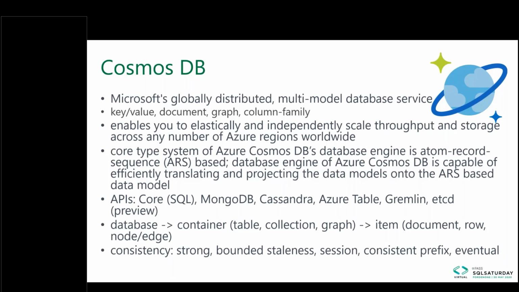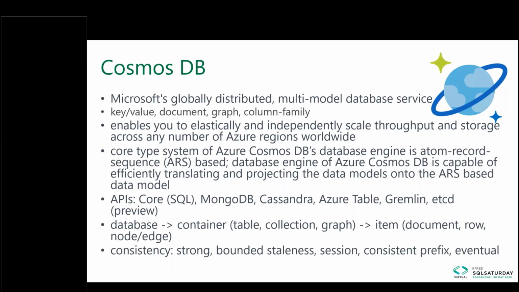So the available models are SQL, which is also called the core model, a MongoDB API, Cassandra API, Azure Table API, Gremlin, which is for graph data, and etcd, which is in preview now, and it's associated with Kubernetes.